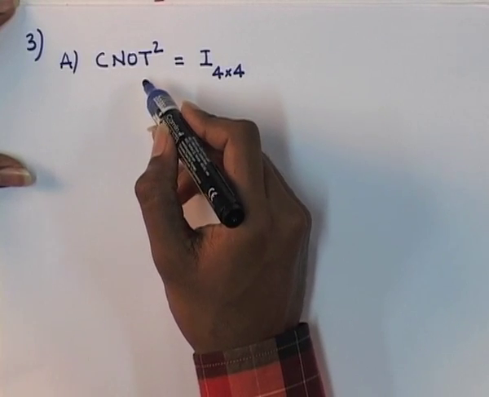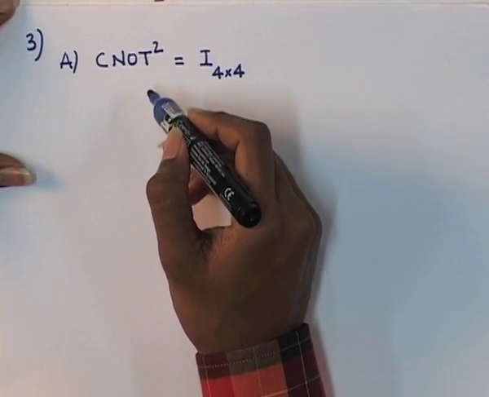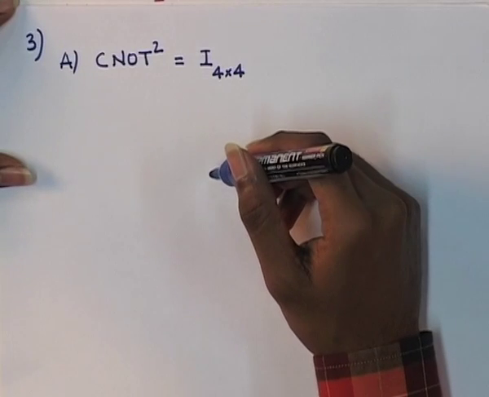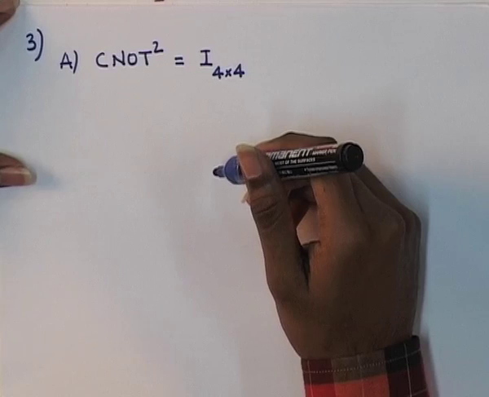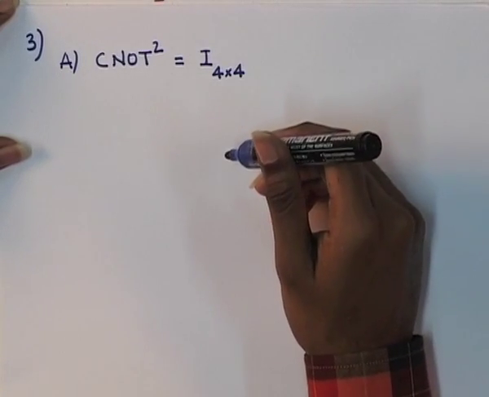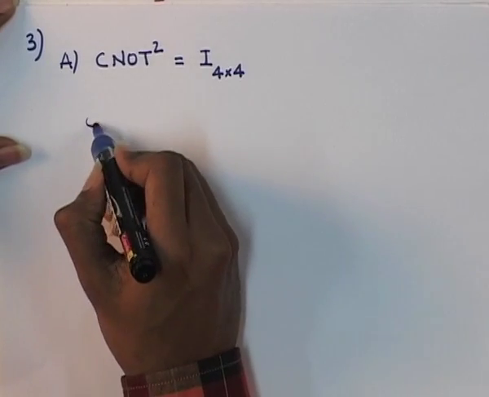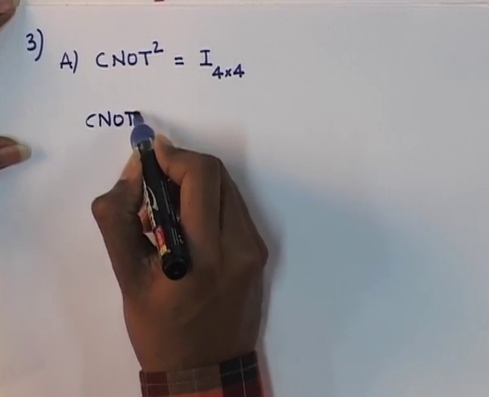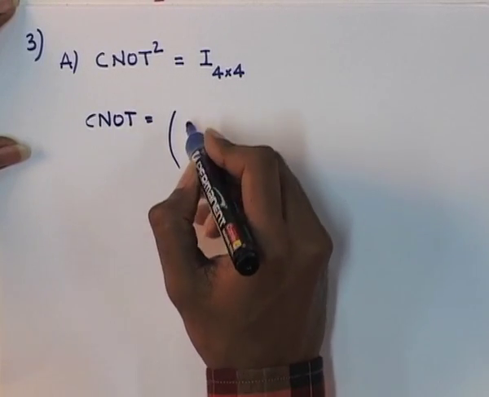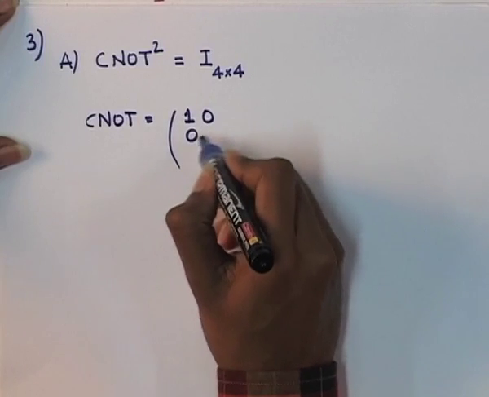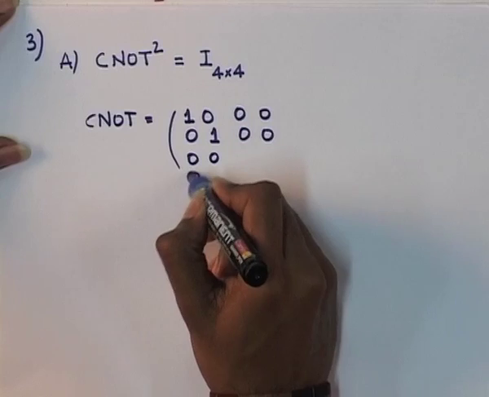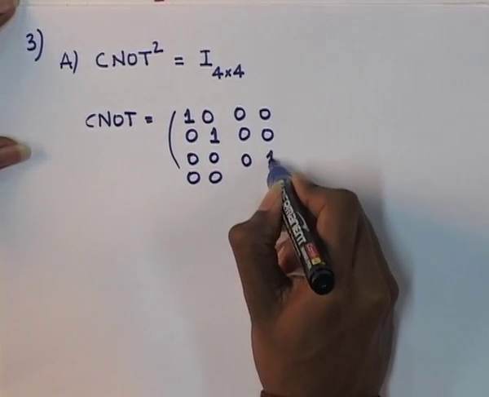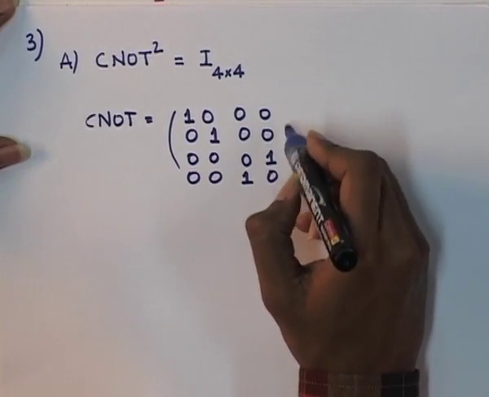A C naught gate can have two forms, where the first qubit can act as control bit or second qubit can act as control bit. Suppose the first bit is the control bit, then C naught gate is of this form. These are mentioned in lecture.